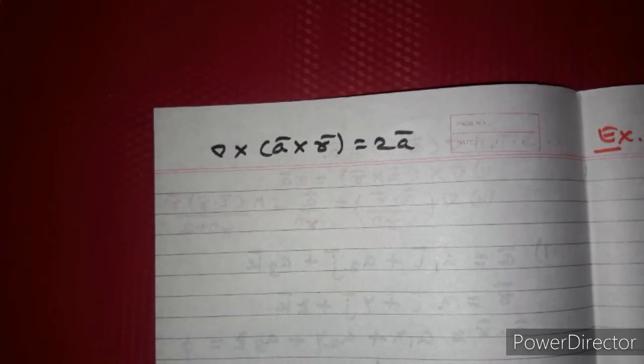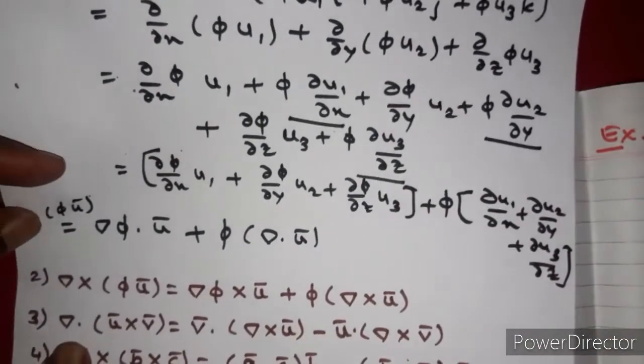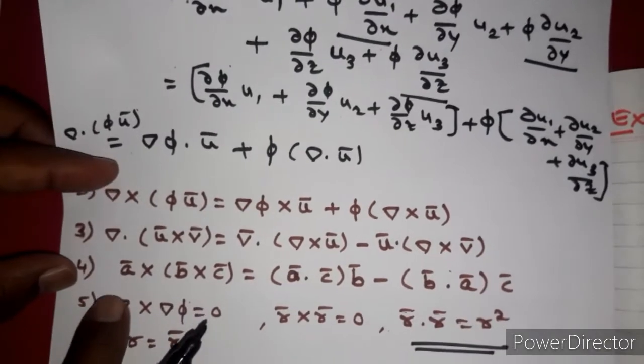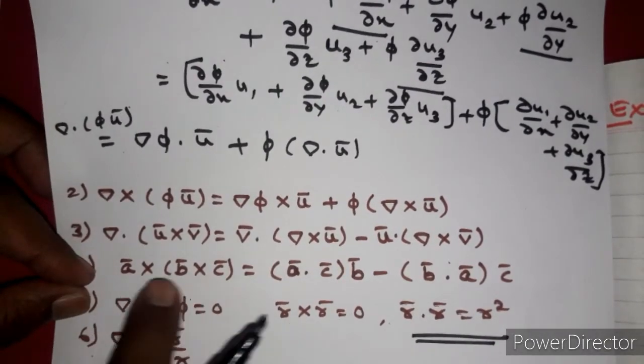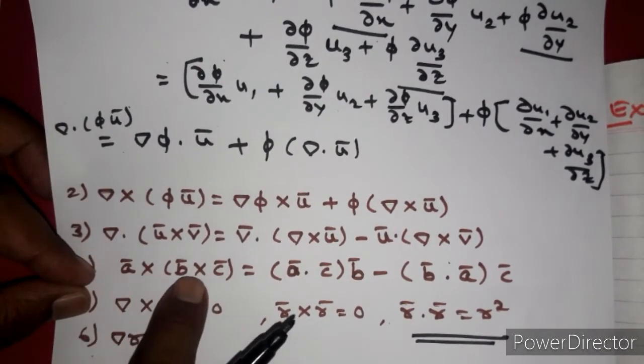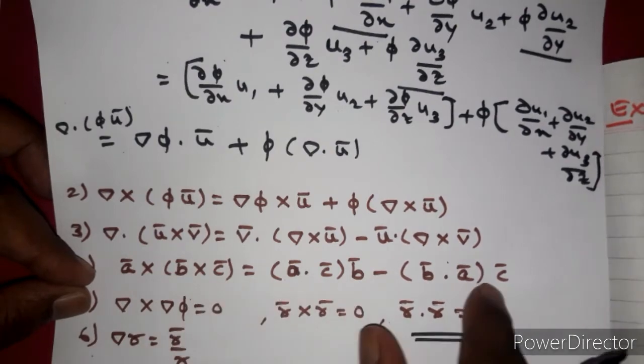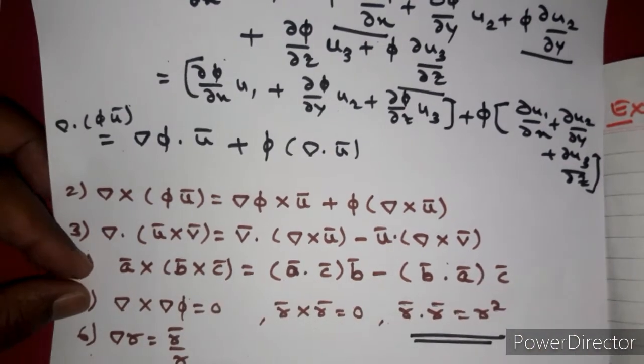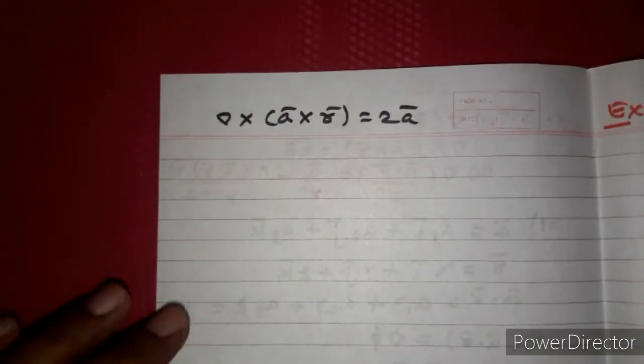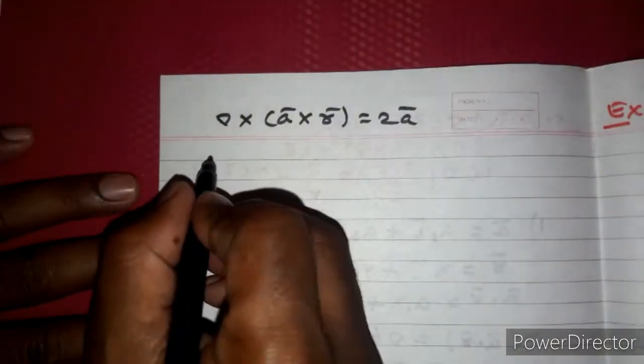So we are going to use our fourth identity. See here, cross products are there. A bar cross B bar cross C bar can be converted into dot products. Hope you have remembered it and we will use it.